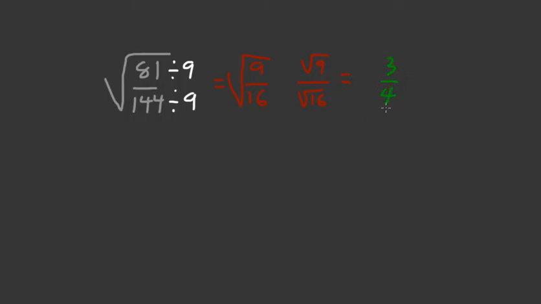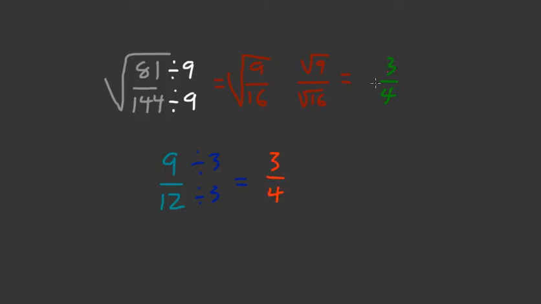So before, what we did is we took the square root of 81 and the square root of 144, and the square root of both of those was, if you recall, 9 over 12. And then we reduced that by dividing it by 3, and that equaled 3/4.